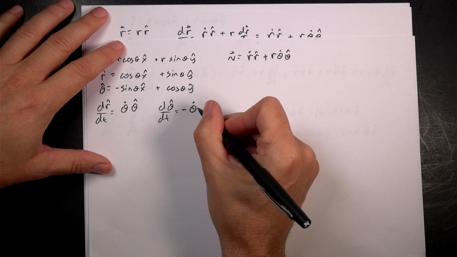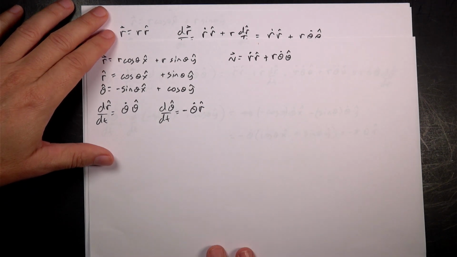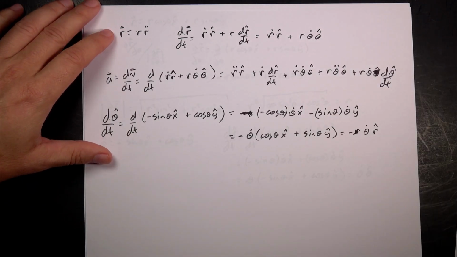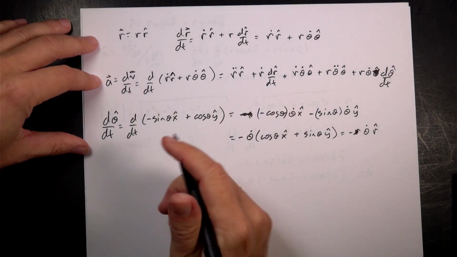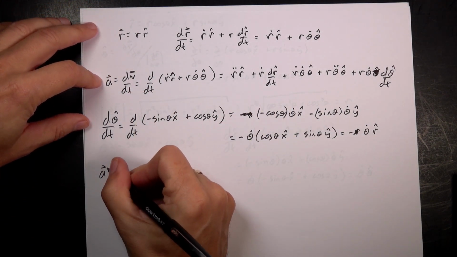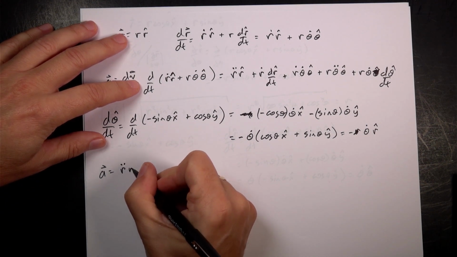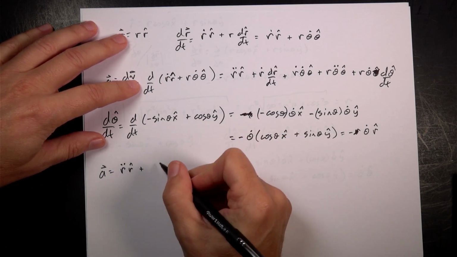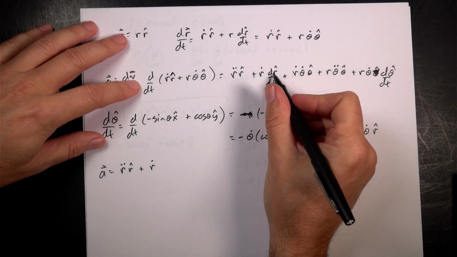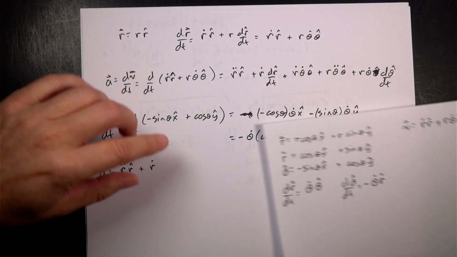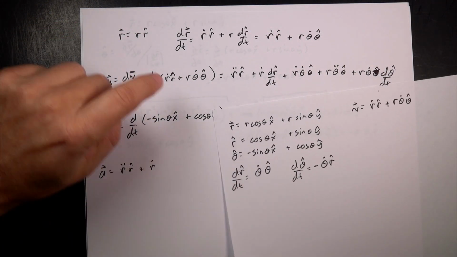Negative theta dot r hat. So now back up here, I can rewrite my acceleration. A is going to be r double dot r hat plus r dot times the derivative of r hat with respect to t, which is theta dot theta hat.